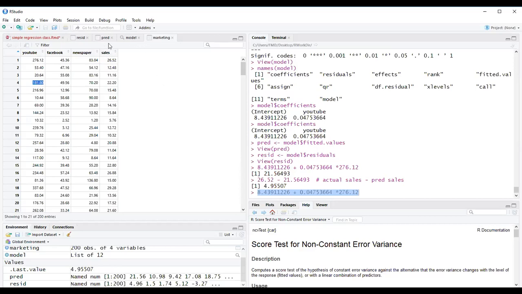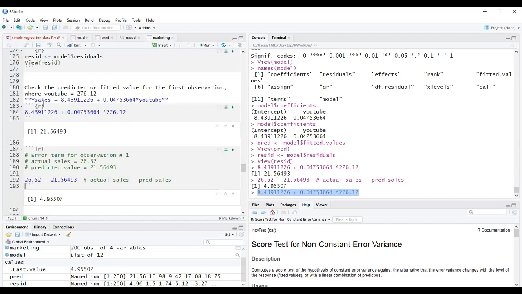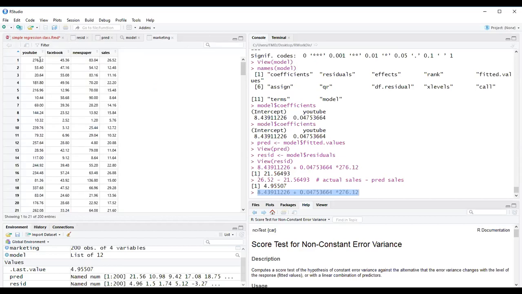And what's the model, guys? Again, this is our model. So we replace YouTube here with all the actual YouTube values. So you're going to generate your fitted values or your predicted values based on the model.